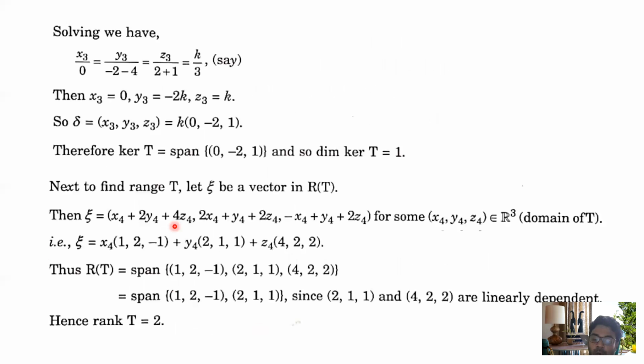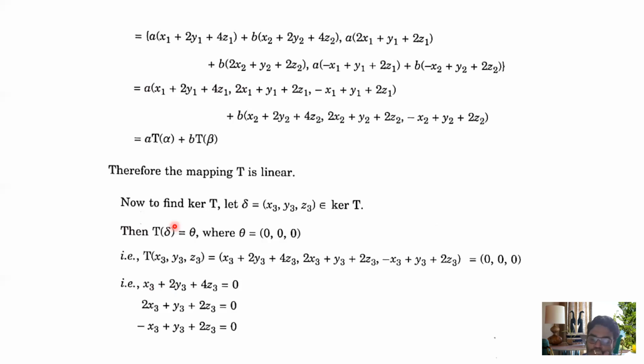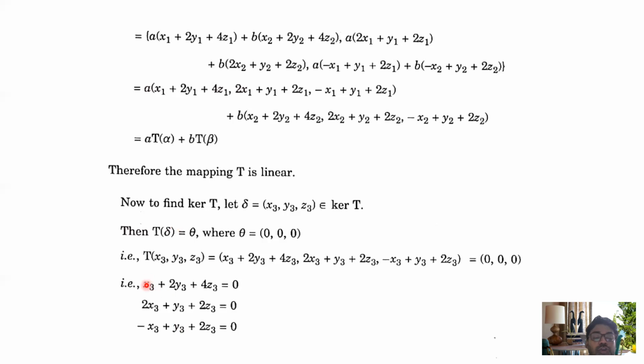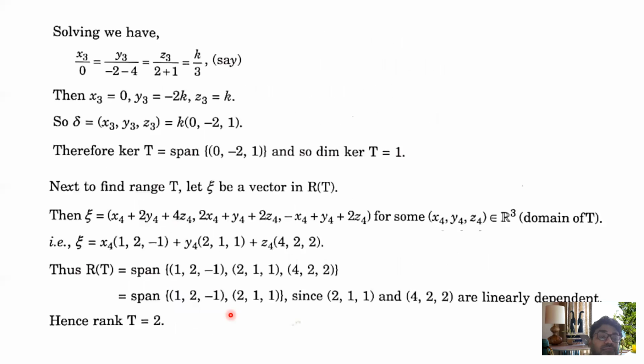Now, using the cross multiplication technique, we are considering both the first and second equations. So x3 by 0, y3 by minus 2, minus 4 and z3 is equal to, say, k.